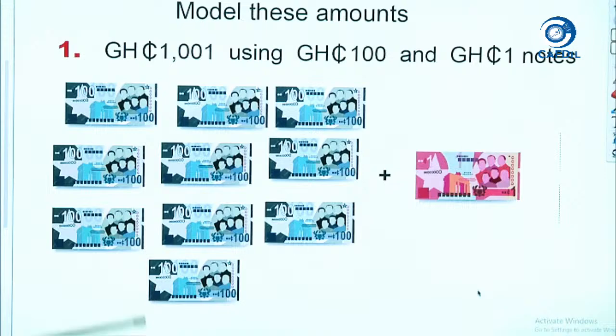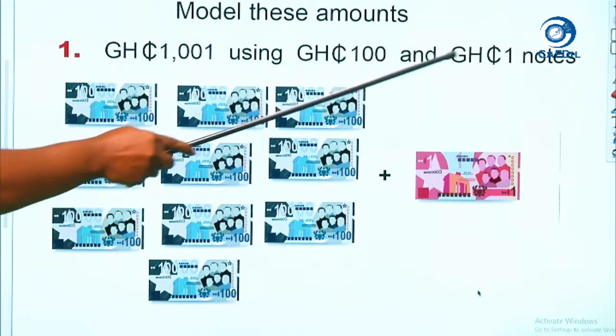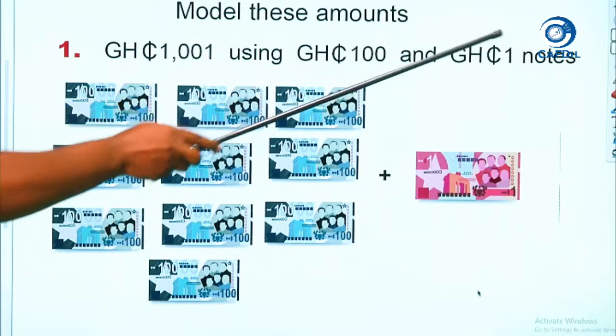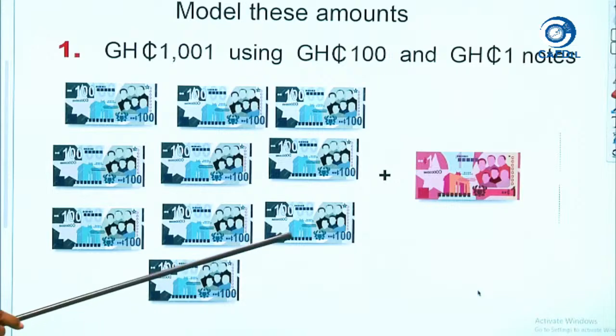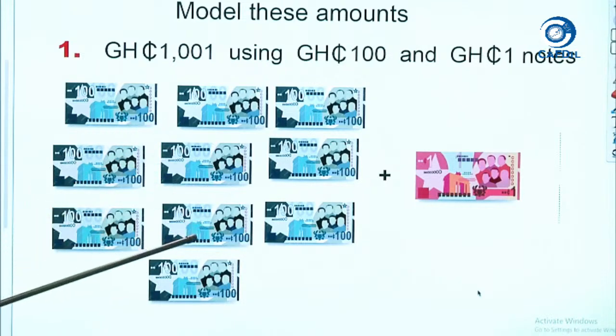Yes. 10 of the 100 cedis notes plus 1 cedi. You see, I have used all the notes given. We were asked to use 100 cedis and then 1 cedi notes. So I have used my 100 cedis and then my 1 cedi notes. So this one I used 10 and then 1 for the 1 cedi.